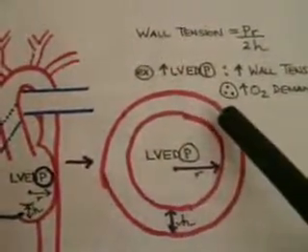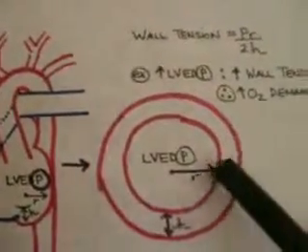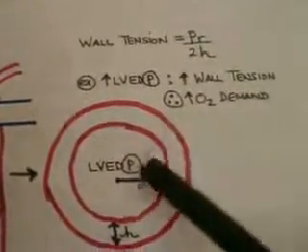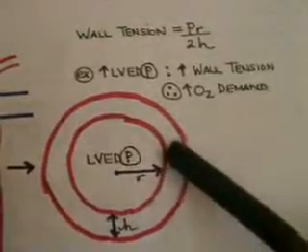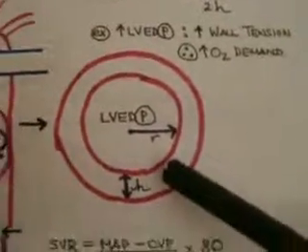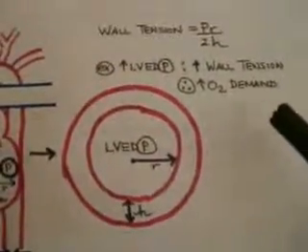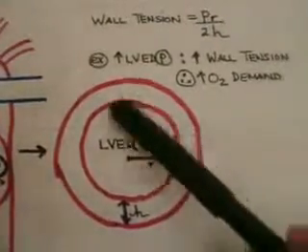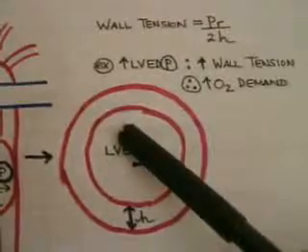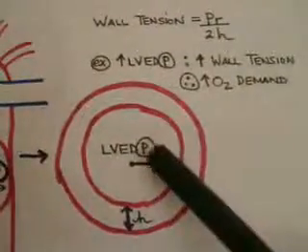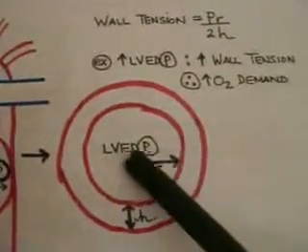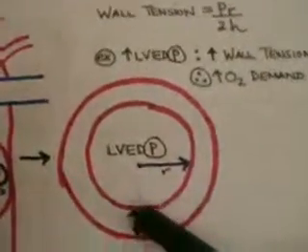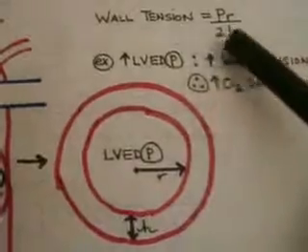And if we think of the left ventricle as a sphere, we can apply Laplace's law and say that the wall tension within the myofibrils, or within the ventricular wall, equals the pressure within the sphere, or the left ventricular chamber, multiplied by the radius of the left ventricular chamber, divided by the thickness of the ventricular wall, multiplied by 2.